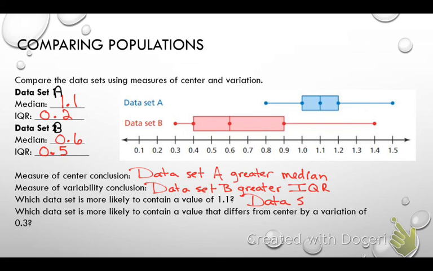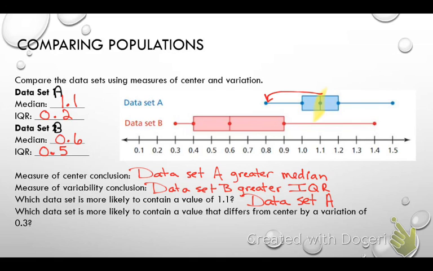Last question, which data set is more likely to contain a value that differs from center by a variation of 0.3? Okay, so I look at my center. If I go 0.3 from my center on A, I go down to 0.8. Is there a good chance it's down there? Nope. And same thing if I go 0.3 up here.